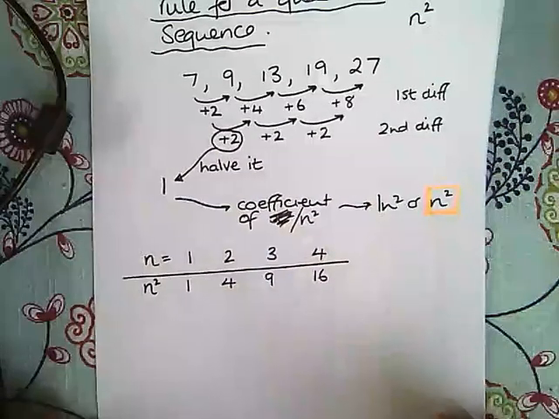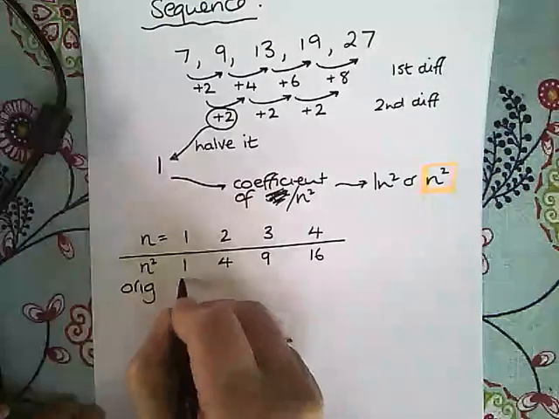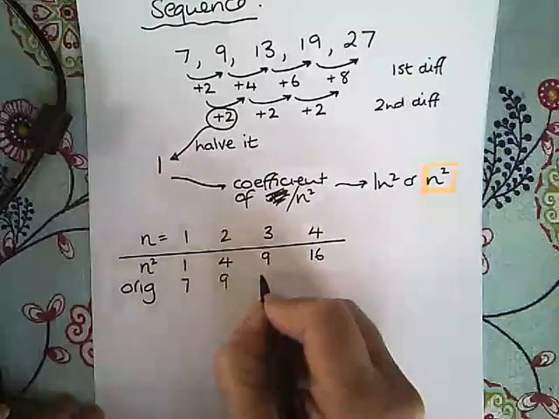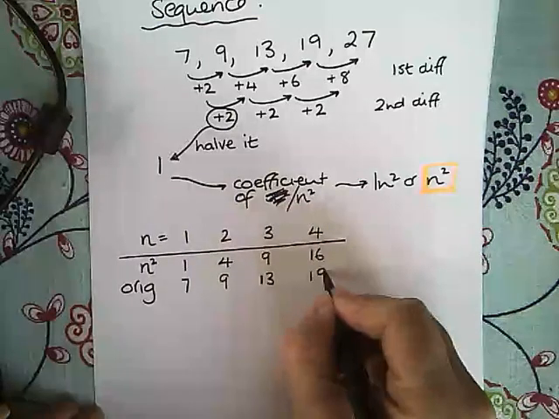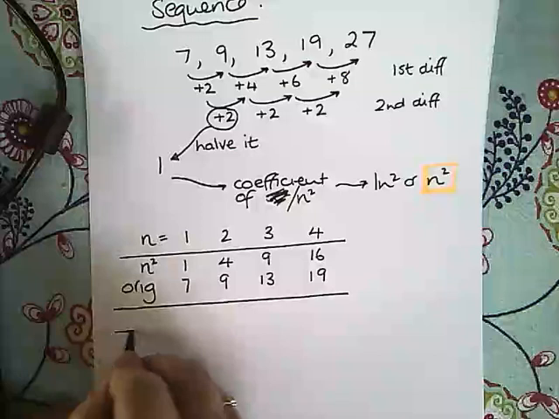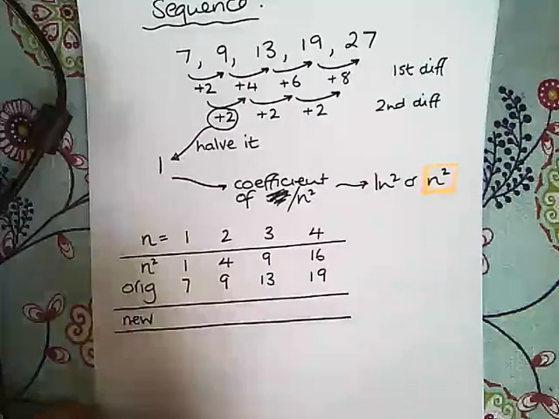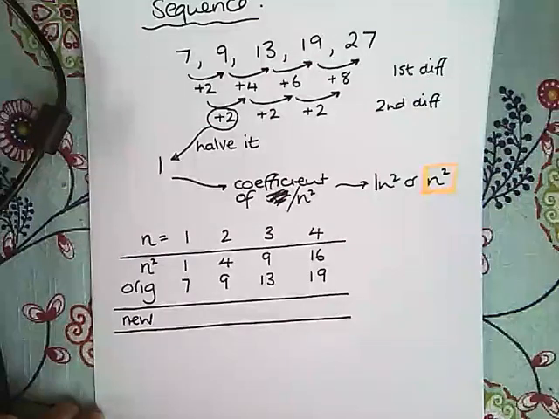Then I fill in my original sequence, which was 7, 9, 13 and 19. And then I always draw another line here so I can make sure that I have my new sequence separate from all of the other numbers, so I can keep track of where those numbers are.